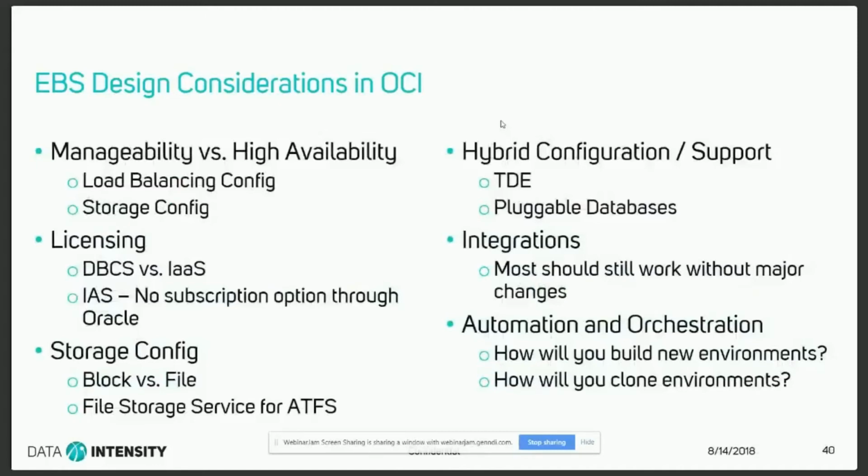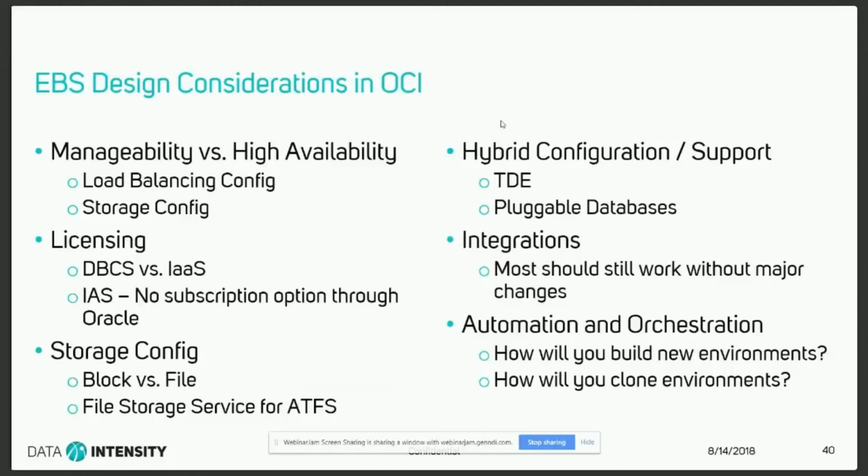So we've talked through a lot of this already in this presentation, but some of the specific considerations that this customer went through were manageability versus high availability, looking at the storage config. So they opted to go with a more manageable solution using the file service along with private load balancers.